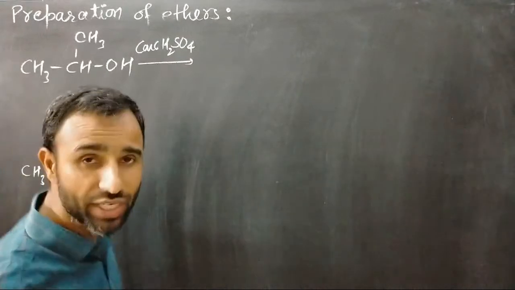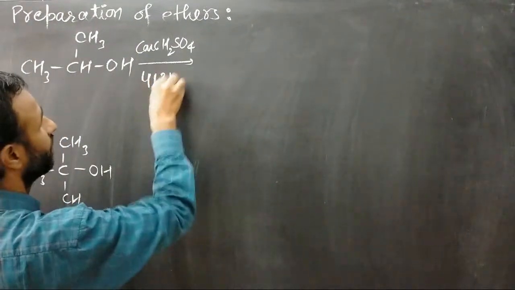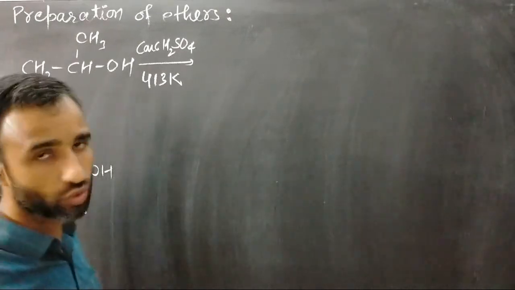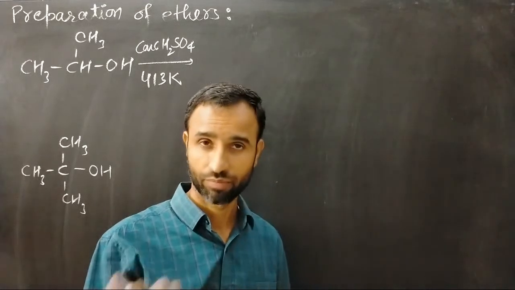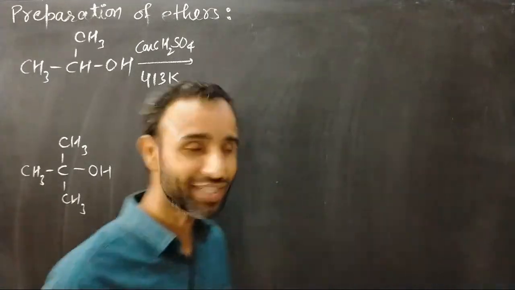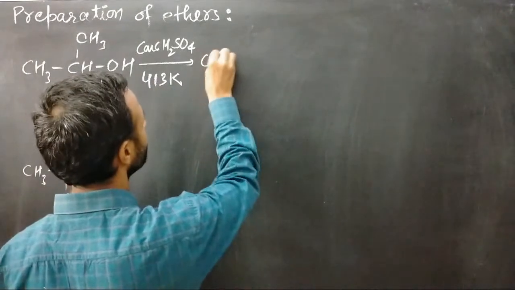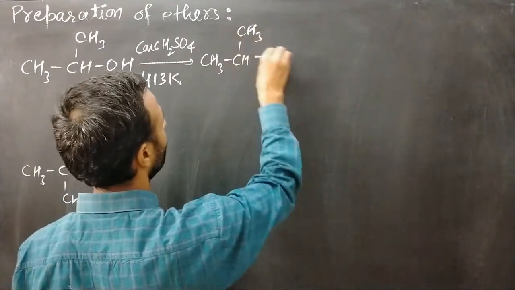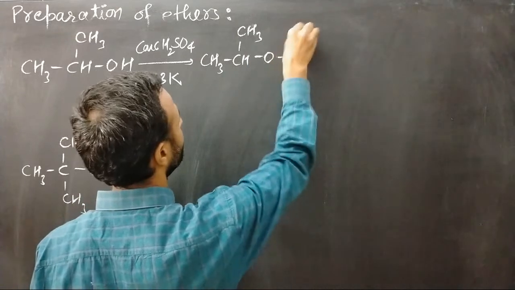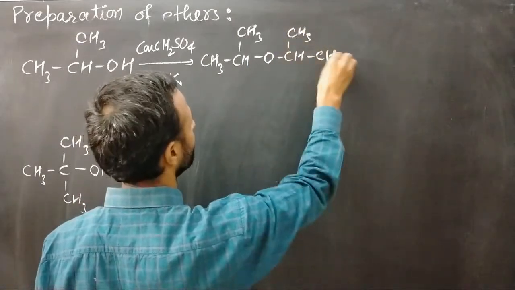Now, this is the limitation of this method, okay? And temperature is 413 Kelvin. So you know, expected product is ether. Expected product is CH3, CH, CH3, O, CH, CH3, CH3.